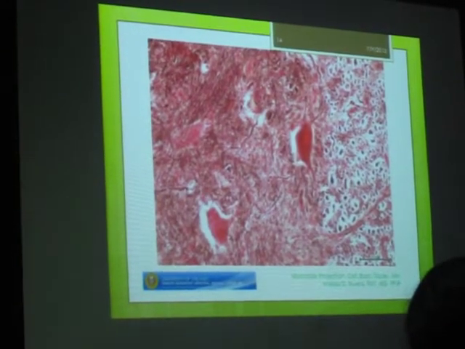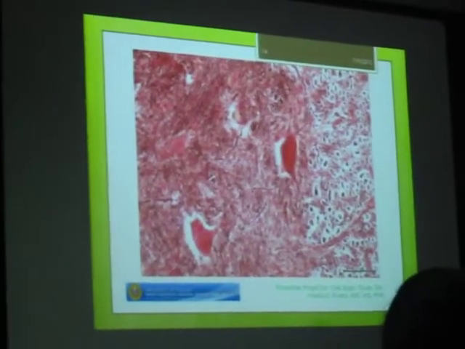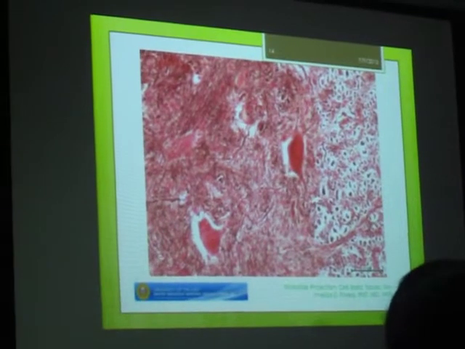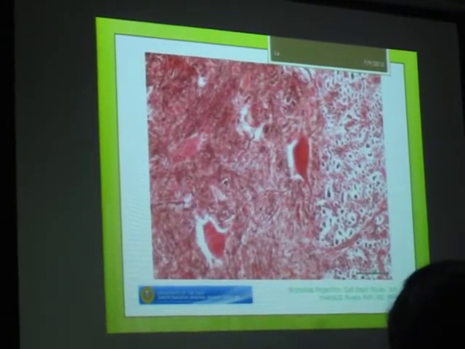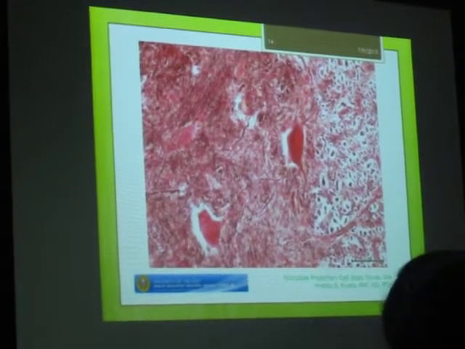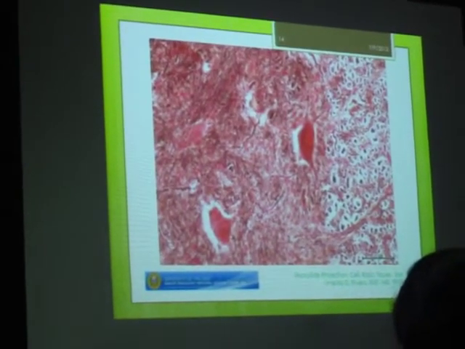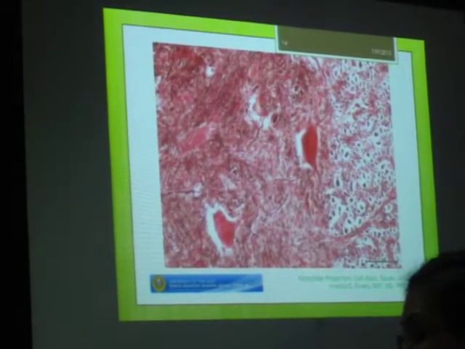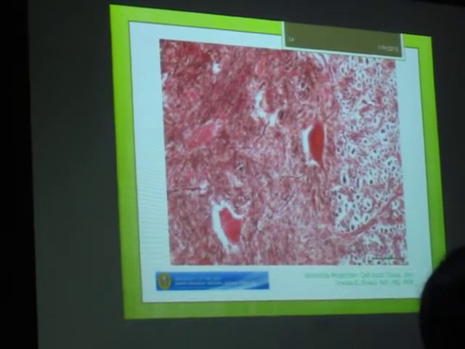According to function? It's a multipolar. So, what's the function of a multipolar neuron? The other one, the opposite.